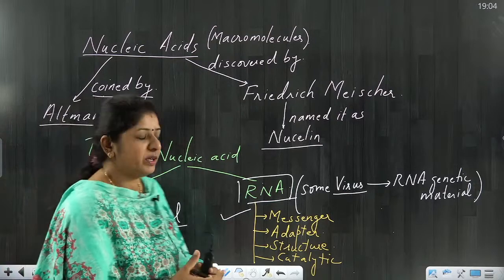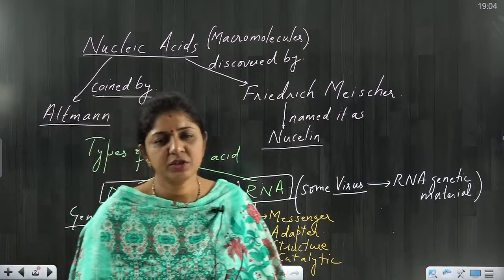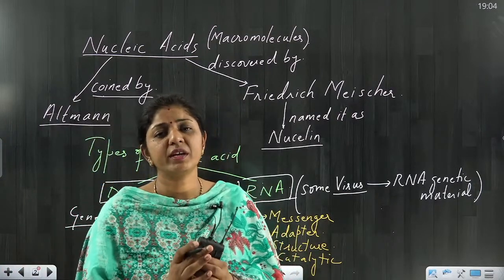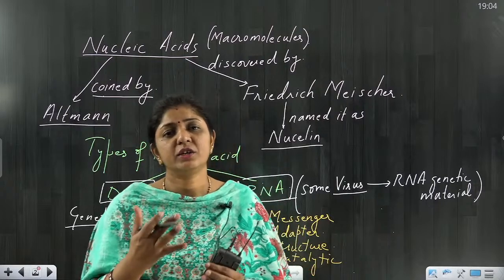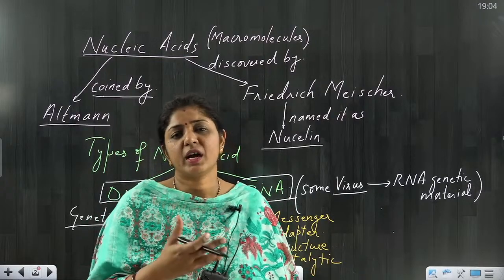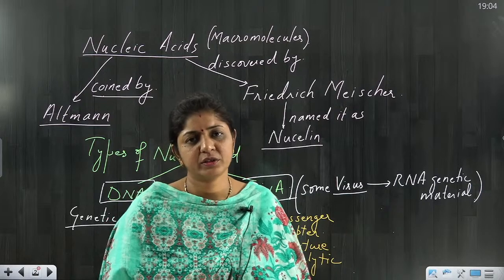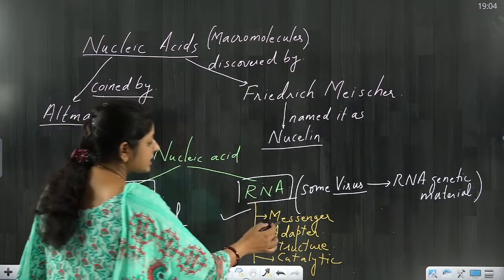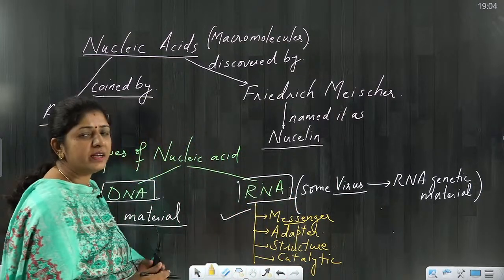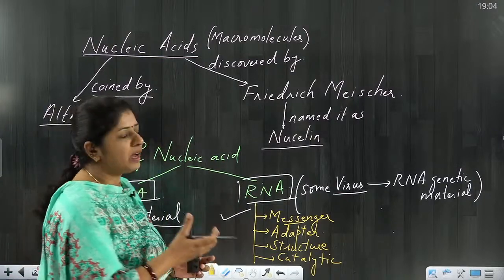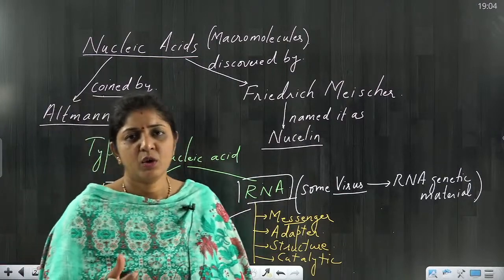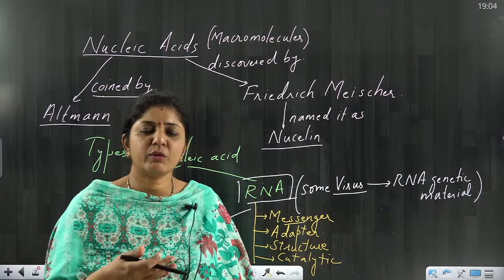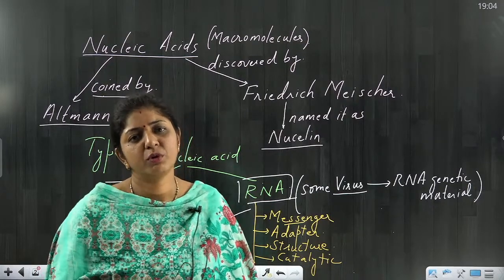What is an adapter? How does it send messages? This we will deal with when we take the complete topic of molecular basis of inheritance. There we will discuss transcription, in which messenger RNA forms. The adapter RNA is the tRNA, which translates the language of nucleic acid into proteins.